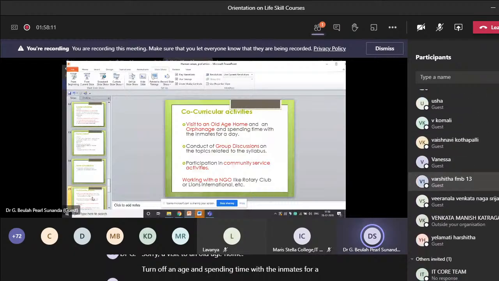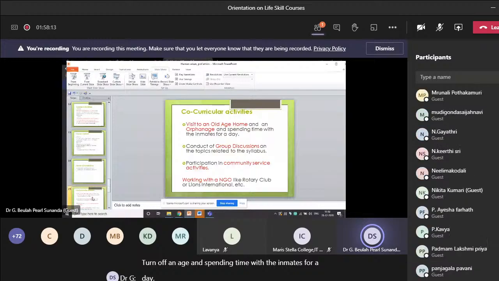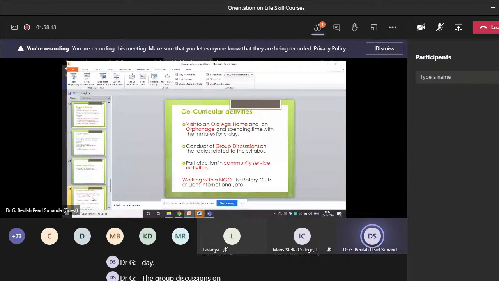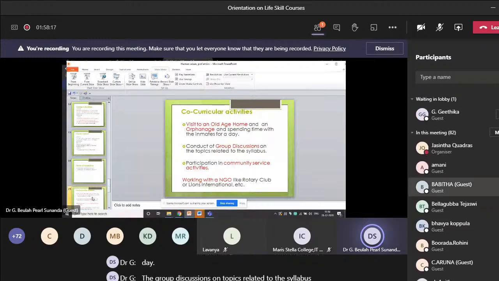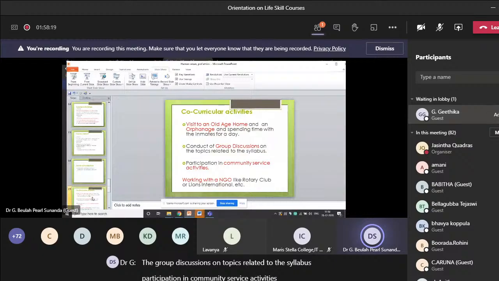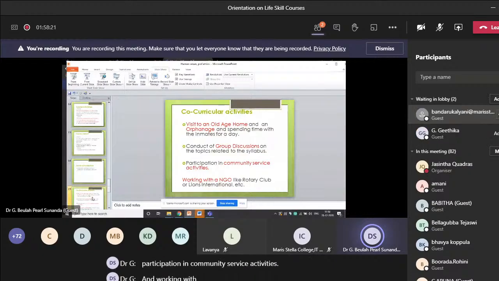Conduct of group discussions on topics related to the syllabus, participation in community service activities, and working with an NGO like Rotary Club or Lions International, etc.